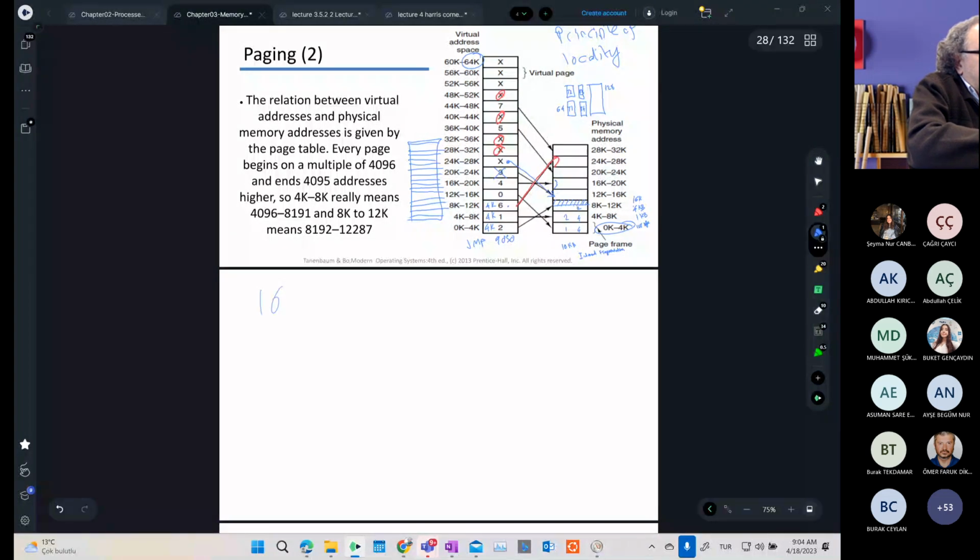16-bit virtual address space. So it is 2 to the 16, right? And 15-bit physical address space. So 2 to the 15 is my physical memory size. So this is again 64 kilobytes, and this is 32 kilobytes.